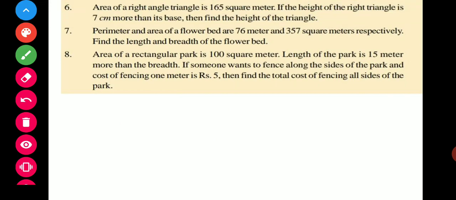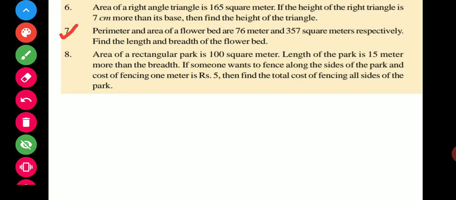Now this seventh question. So how can we solve this seventh question? This is your seventh question. Perimeter and area of a flower bed are 76 meters and 357 square meter respectively.